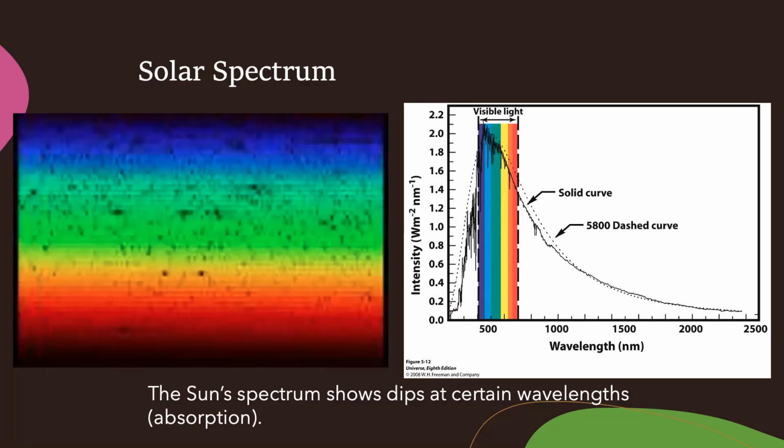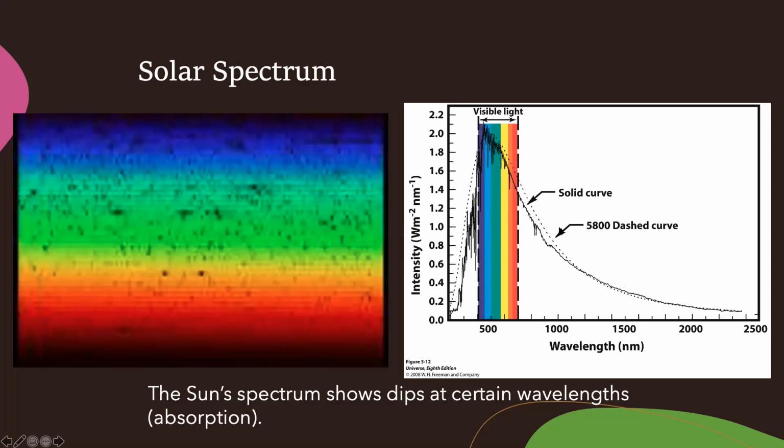And in the sun's atmosphere, there are elements, atoms, and molecules that, as the light from the surface of the sun passes through that atmosphere, some of the light gets absorbed by the atmosphere. Right? Some of the light gets absorbed by the atmosphere. And by the time it reaches our eyes, there are big dips in the curve, and that's what this is showing. Right?